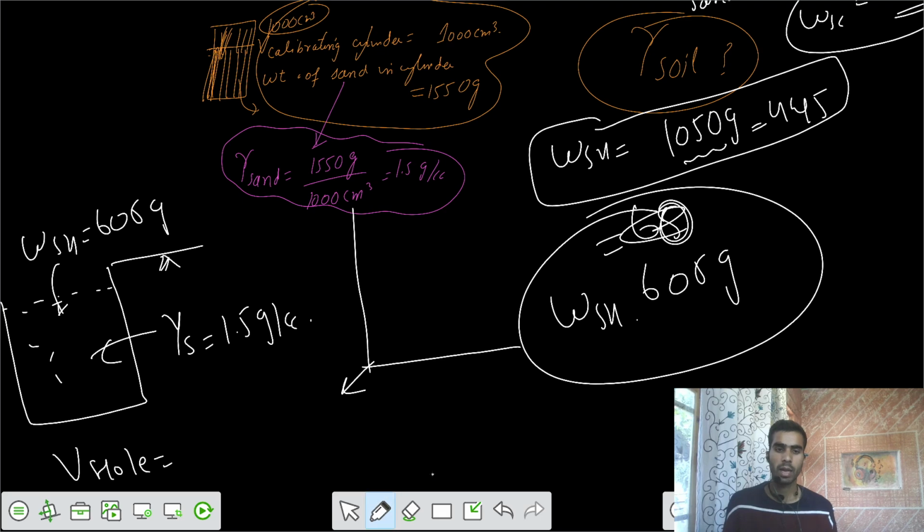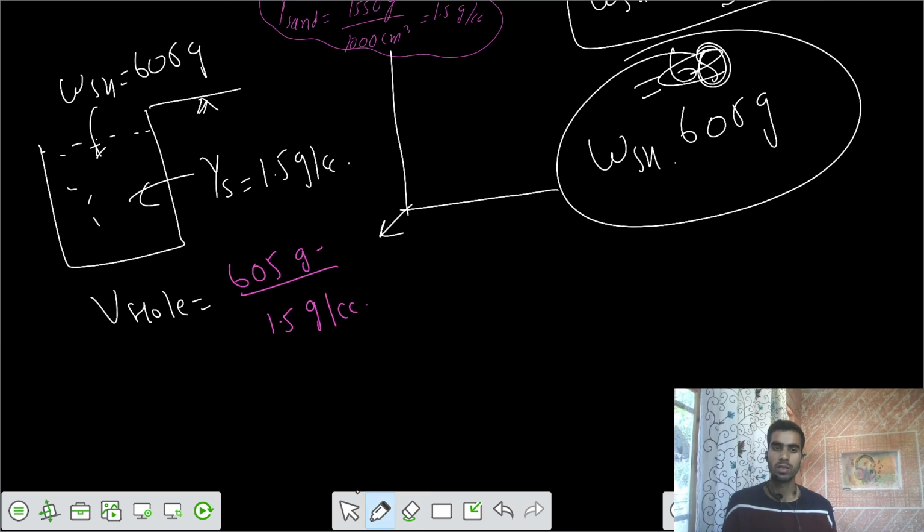So the volume of the hole can be solved in this way: we have 605 grams divided by the density of 1.5 grams per cc. So your volume of the hole is 390.32 cubic centimeters.